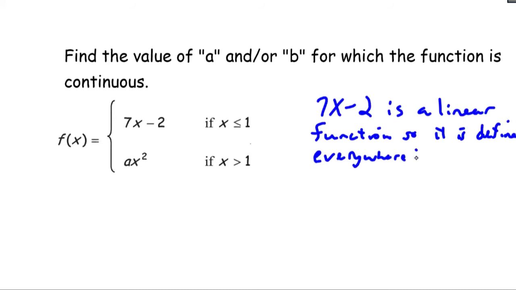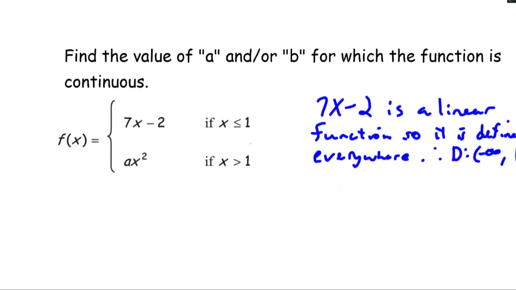Which means we'll just write: it is defined everywhere. Therefore, the domain is negative infinity to 1, just because that piece is only defined up to 1.